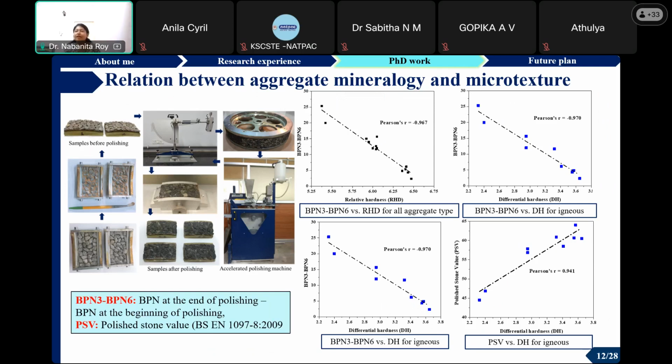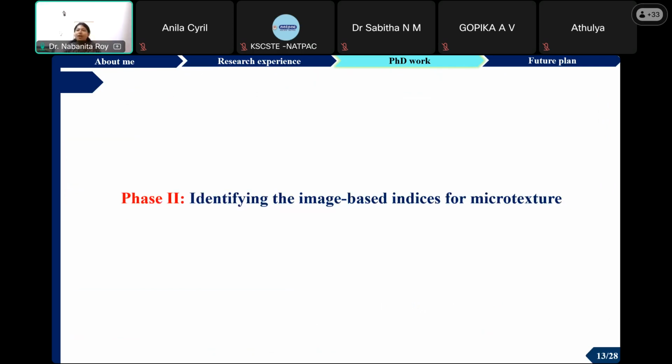I have already identified igneous, metamorphic, and basalt, so here blue means only igneous. So this is all about aggregate mineralogical parameters and how they impact the polishing behavior of aggregate or microtexture deterioration.